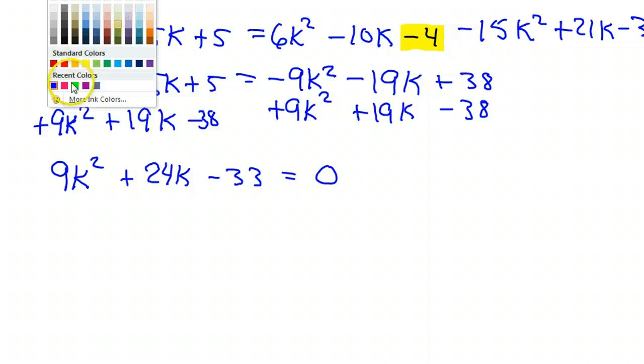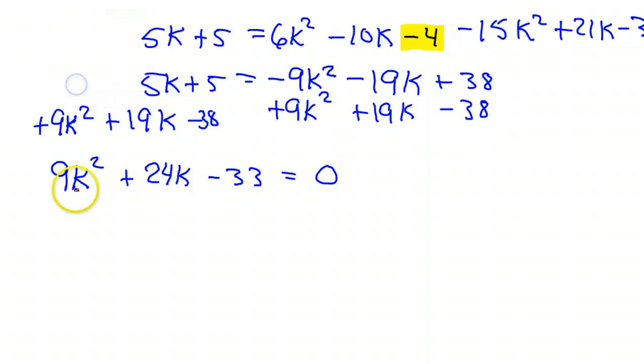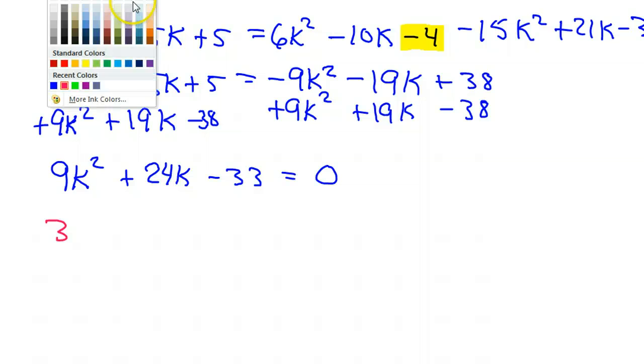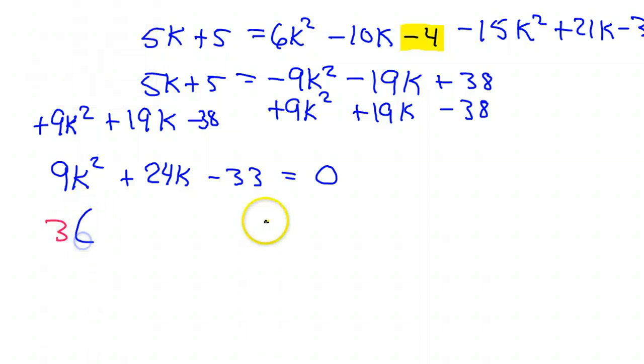Now before I go any further, I'm noticing that all three of these are divisible by 3. So I'm going to divide all of these by 3. You might think of it as a GCF, depending on how you were trained. If I pull the 3 out, if you think of it that way, that's going to leave me with 3k squared plus 8k minus 11.